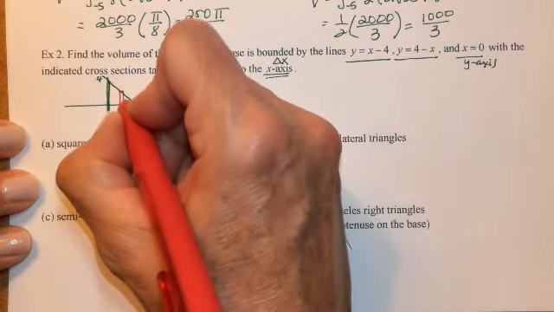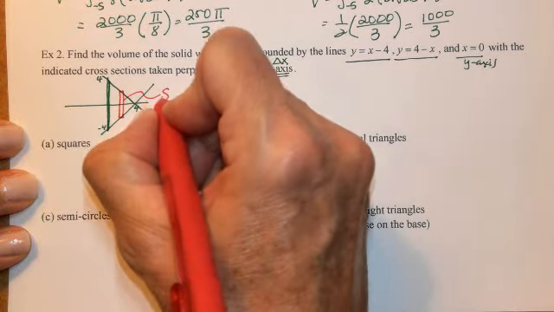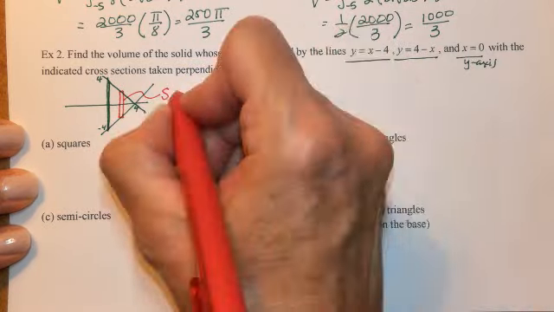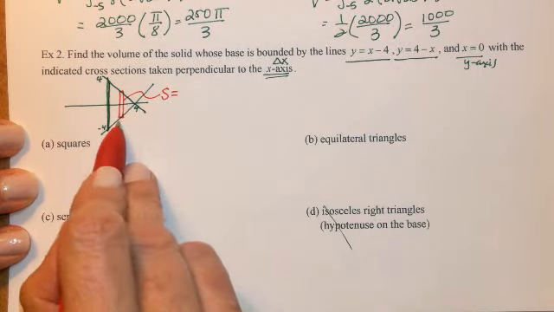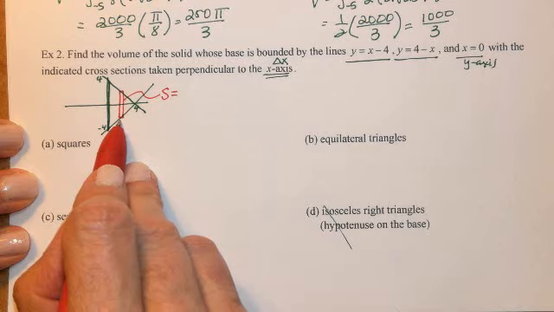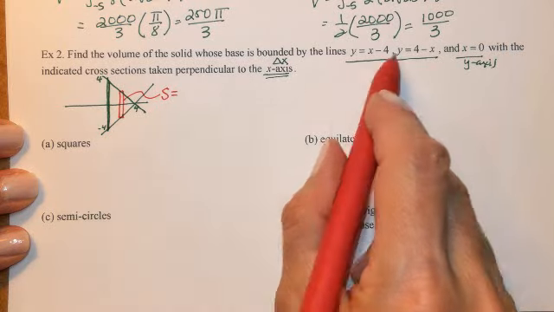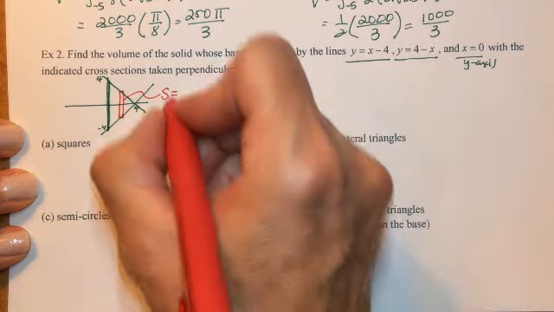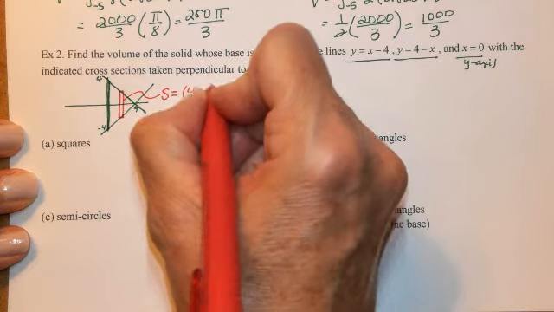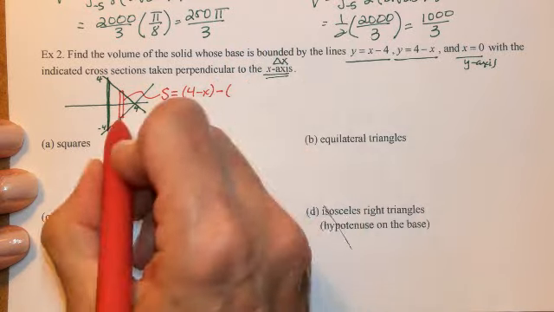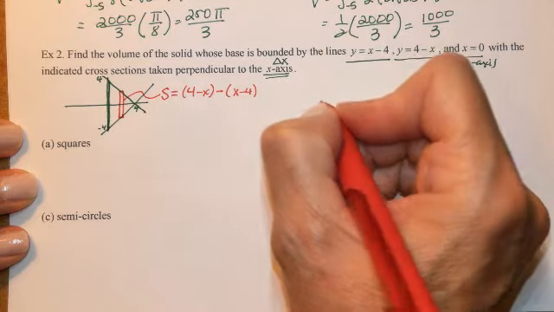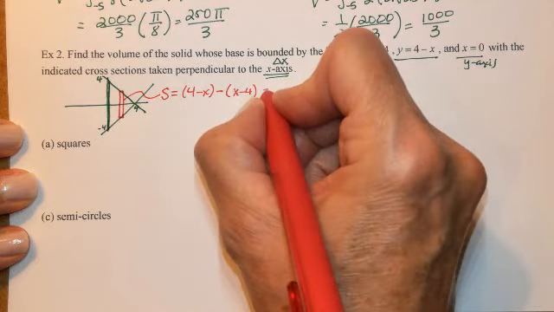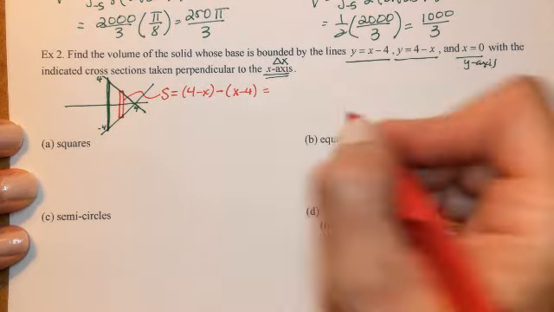So we need to get this side length. What is that side length? What is s here? Well, s will be the top minus the bottom, right? The top one was this one. So that will be 4 minus x minus the bottom one, which is x minus 4. I'm going to simplify this because we're going to be writing it several times.